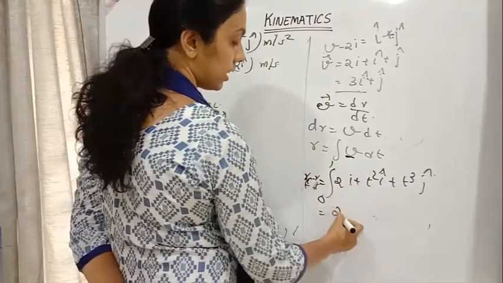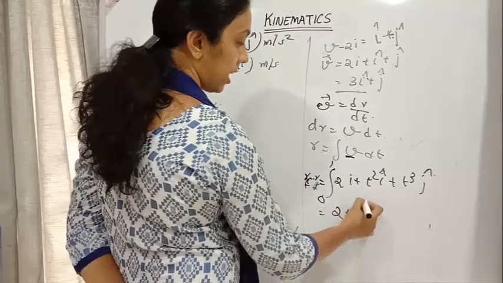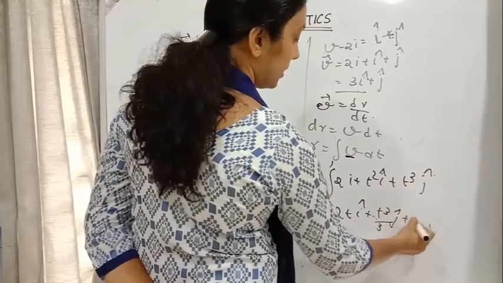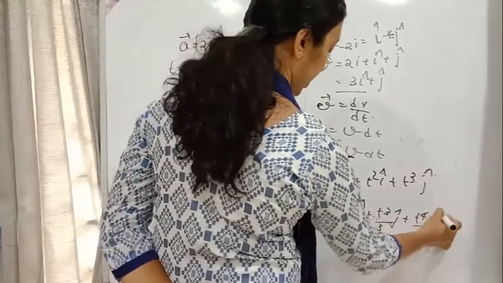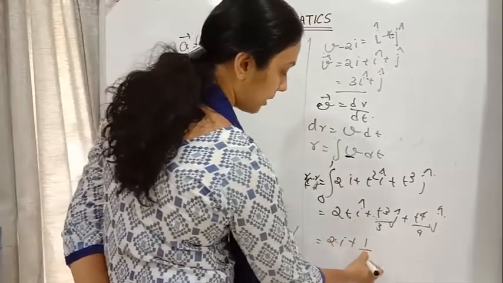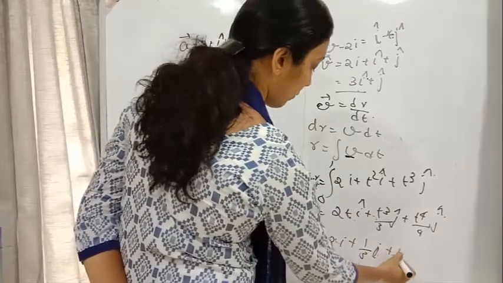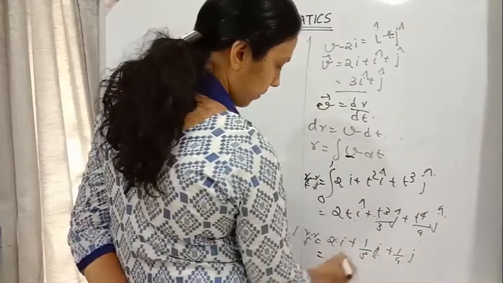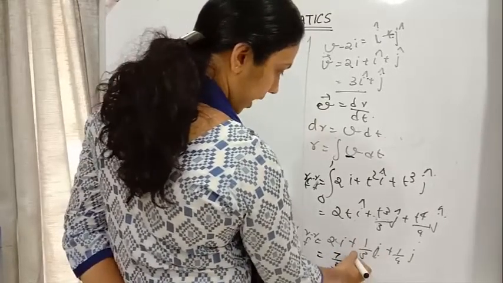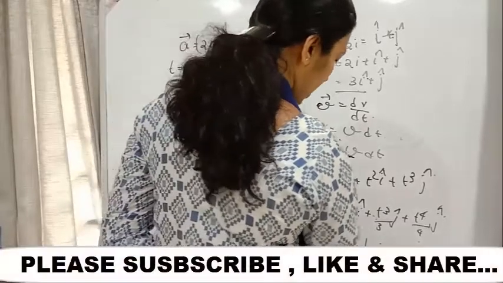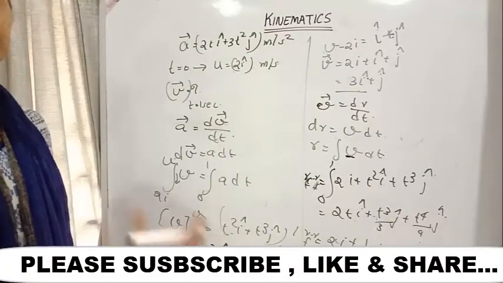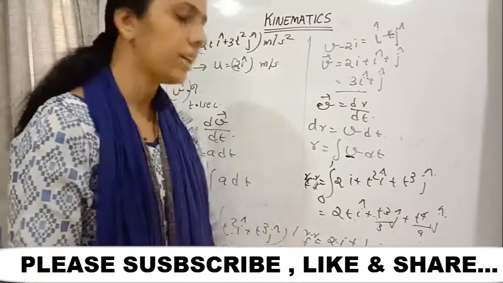Here we will be getting 2t I cap plus t cube by 3 I cap plus t to the power 4 by 4 j cap. Substituting 1, we will get 2i plus 1 by 3 I cap plus 1 by 4 j cap. So here we can write it as 7 by 3 I cap plus 1 by 4 j cap. So the values 7 by 3 and 1 by 4 are the final position displacement of the particle. Coordinates are 7 by 3 and 1 by 4.